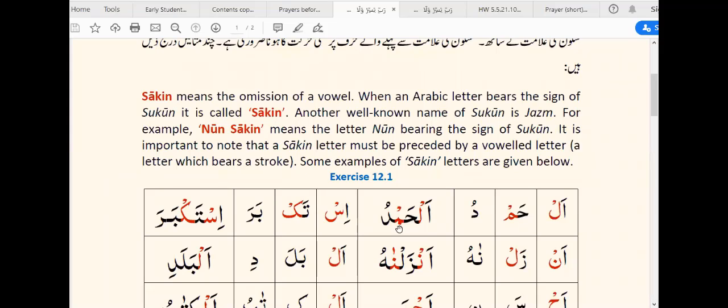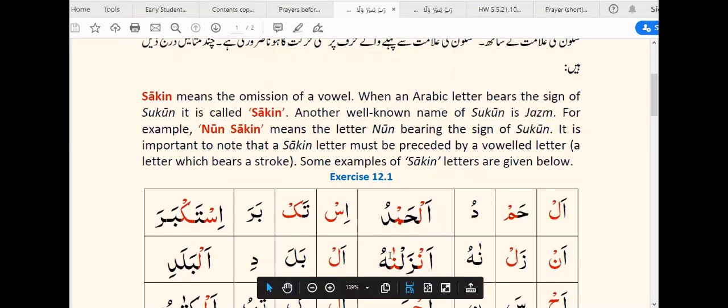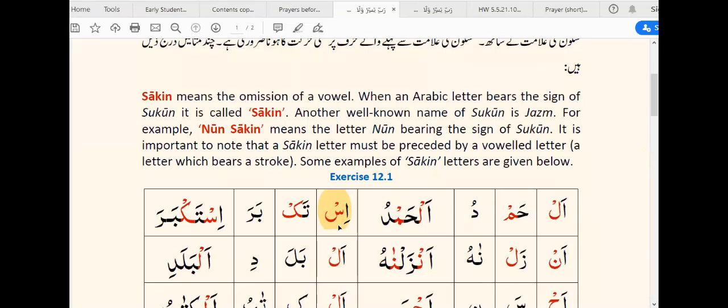For example, over here, this letter seen has a sukoon on top of it.